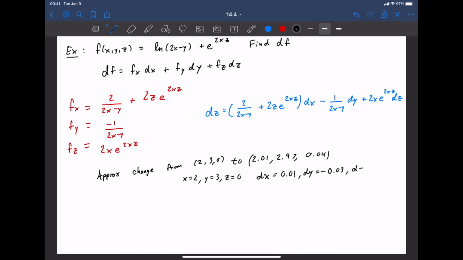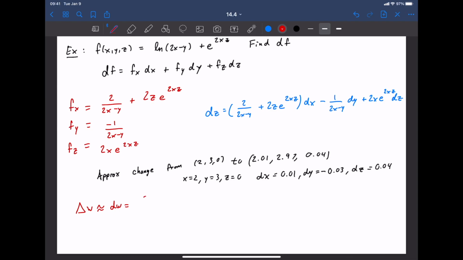How about Z? That got incremented up by 0.04. So the signs here really matter. Please be careful with that. And we're just going to plug in everything we see. So the differential, which is how we're going to estimate the actual change in W, would be approximated by the differential for W at those coordinates.